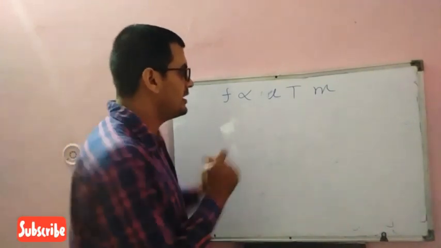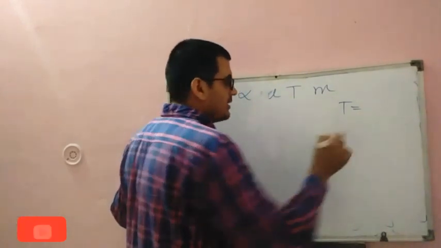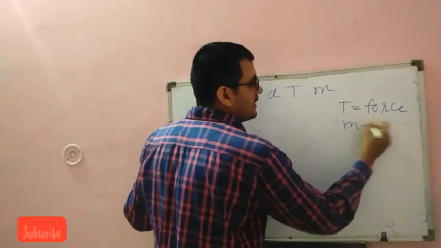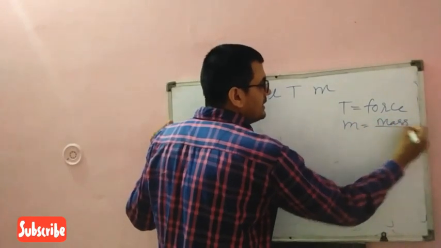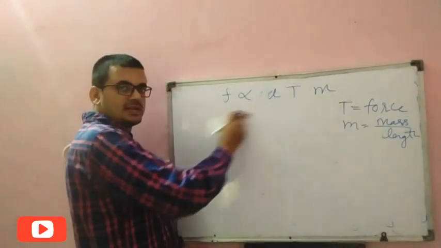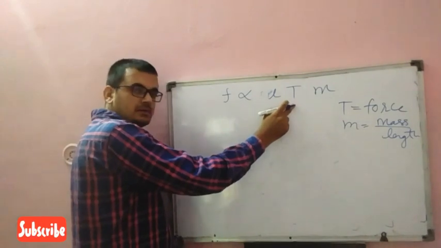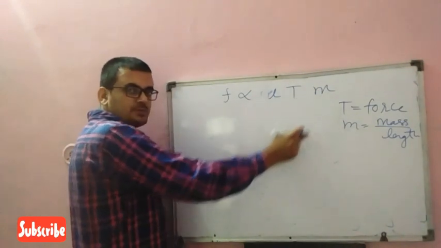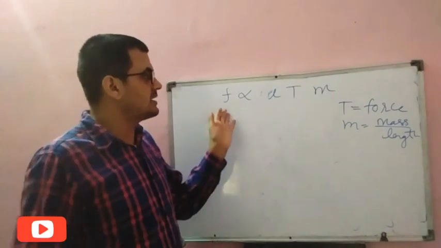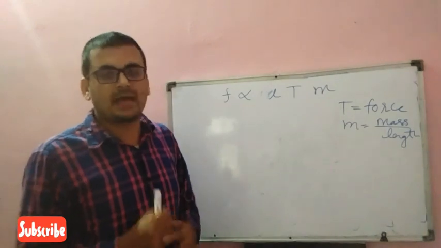T stands for tension, tension means force. And M stands for mass per unit length. So this data is given to you. Frequency depends on length, tension, and mass per unit length of the string. So you have to establish the relation between L, T and M by the method of dimension.